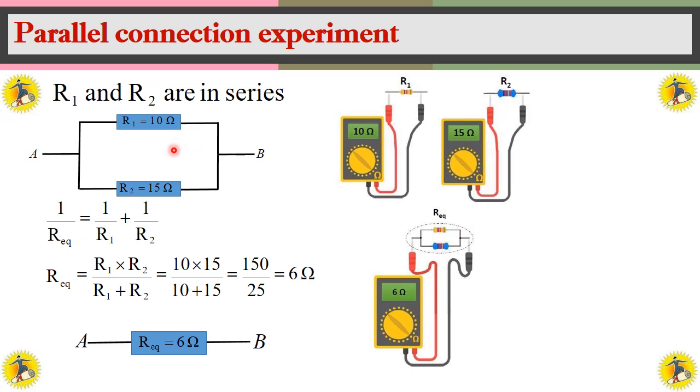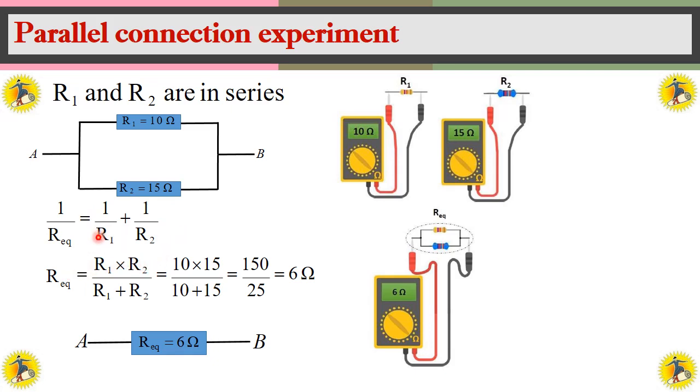So the formula is 1 over R equivalent equals 1 over R1 plus 1 over R2 plus 1 over R3, etc.